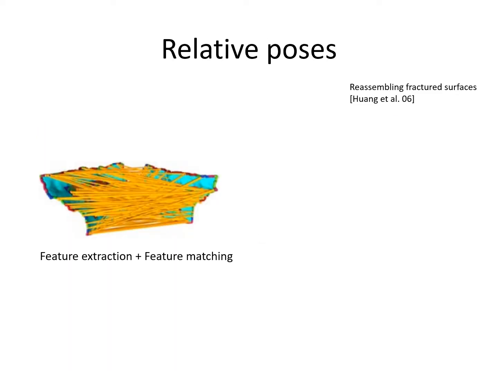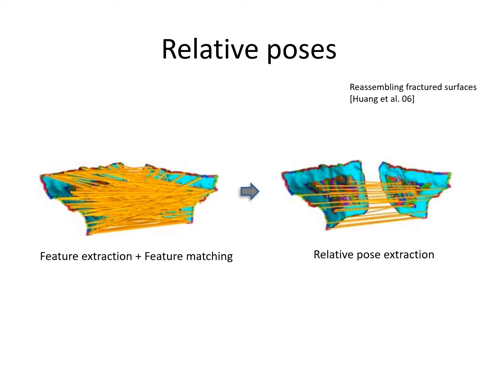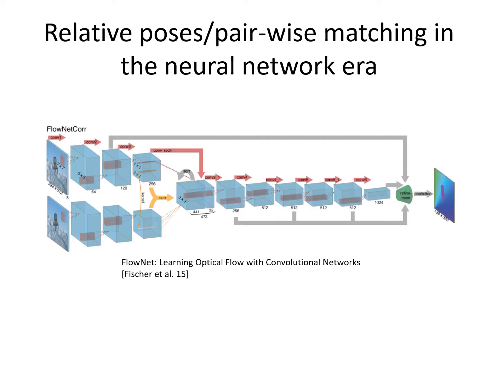A typical pipeline is to extract features from both input scans, build correspondences between them, and fit a rigid transform to a consistent subset of feature correspondences. In the deep learning era, this pipeline has been replaced by a neural network that consists of feature extraction towers for descriptor computation and correlation modules for matching extracted features.